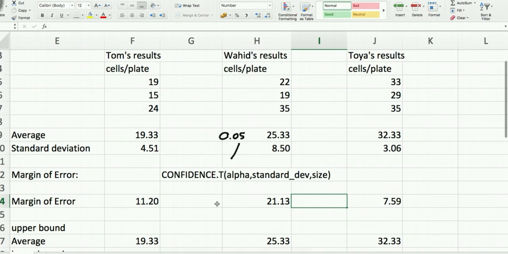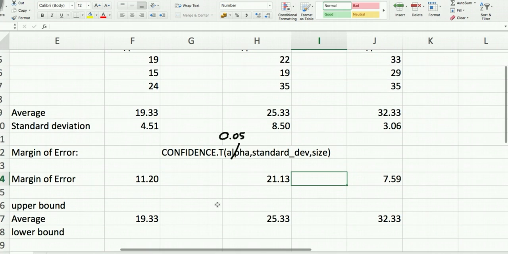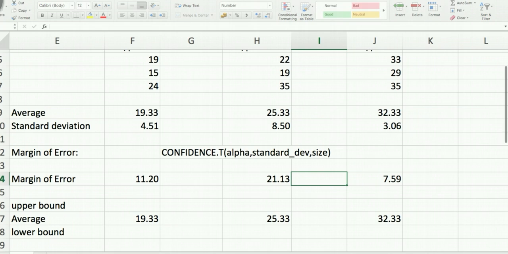So what we can do now with this margin of error is we can identify an interval in which we believe will be the true average for all the experiments that we can do. And in order to do that, we calculate the upper bound, and the upper bound is the average that we got plus the margin of error.